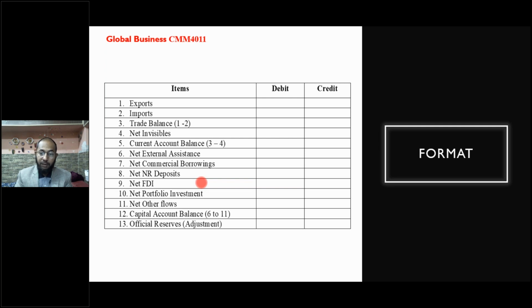But if the same is 10% of the total equity of Tata, then it will be foreign direct investment. So the technical difference between foreign direct investment and portfolio investment is how much is being invested into the total equity of the home company. If that is less than 10%, it is portfolio investment. If it is at least 10% or more, it is foreign direct investment.